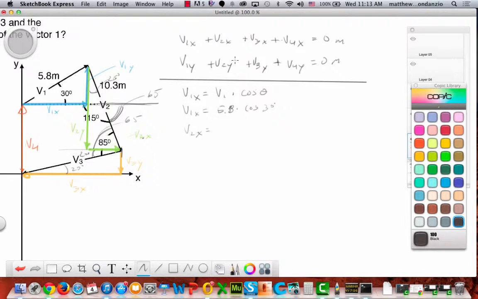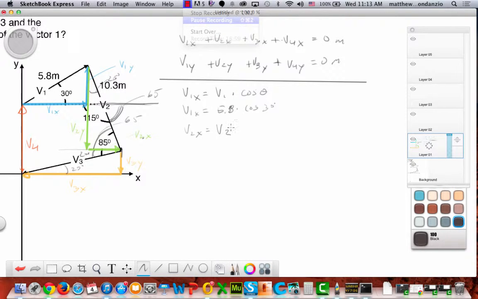So it's going to be v2 sine theta? Okay, why is it sine theta? Because the triangle's turned, right? You guys see that? So v2 times the sine of what angle? 65? No. If it's v2 sine, it's not 30.